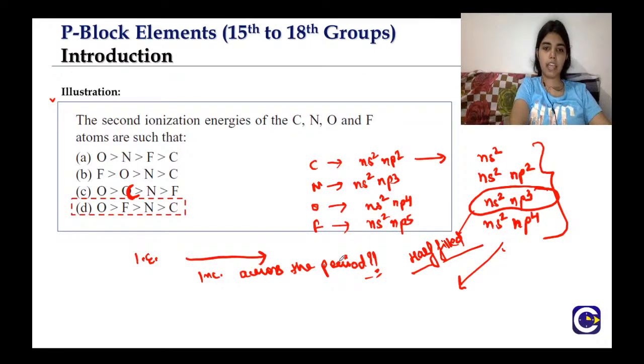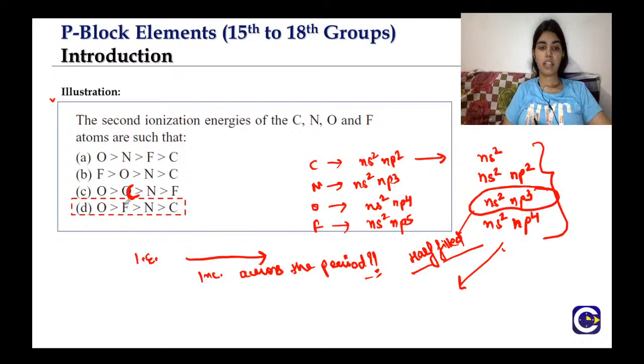It is D, right? So oxygen, because it is half filled, it will be more stable, and therefore it will require greater energy to remove the second electron, that is the electron from ns2 np3. Now, if you compare the ionization energy of fluorine, nitrogen and carbon, because fluorine is very electronegative in nature, it will not give out its electron easily, right?